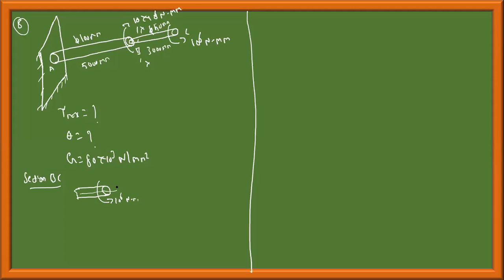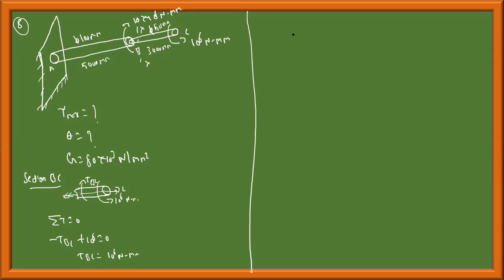If you curve your fingers along the length of the shaft, if your torque is in anti-clockwise direction, then it is positive. For my convention, I will always assume this torque to be acting away from the cross section. This is negative torque TBC. Summation of torques should be equal to 0: minus TBC plus 10 power 6 is equal to 0, or TBC is equal to 10 power 6 Newton mm.